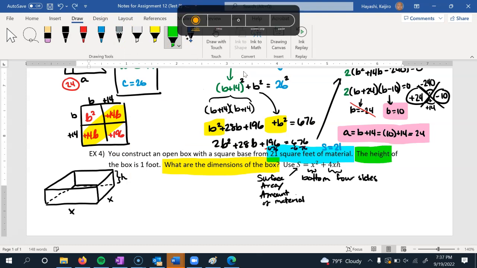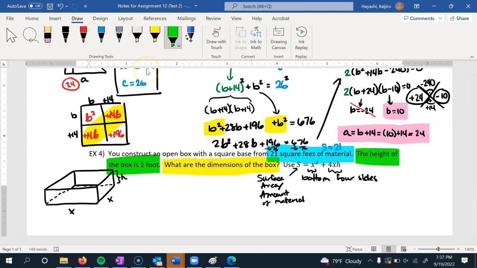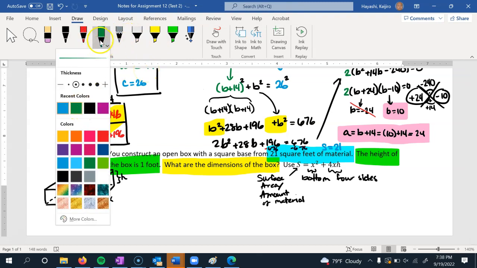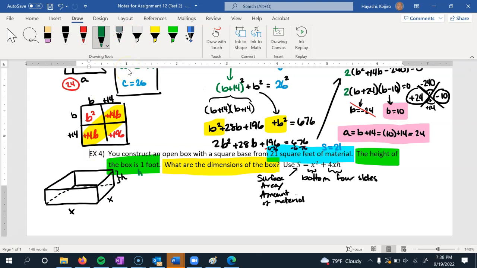The height of the box is 1 foot. Using the variables we're already using, the easiest way to say that sentence as a mathematical equation is just that h is 1. And hopefully this knowledge that it's made from 21 square feet of material and that the height of the box is 1 foot will simplify what we have to do.